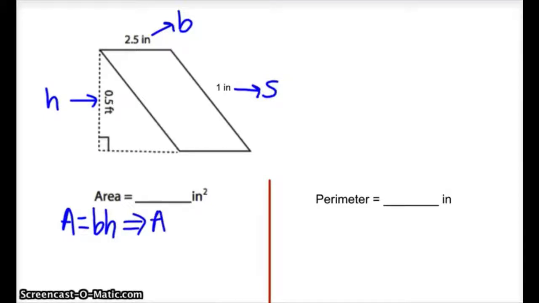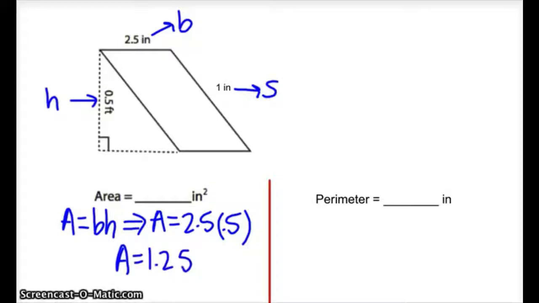The area of a base of 2.5 and the height of 0.5. 2.5 times 0.5 is 1.25. So my area is 1.25 inches squared. The formula for perimeter: 2 times the quantity of base plus side.